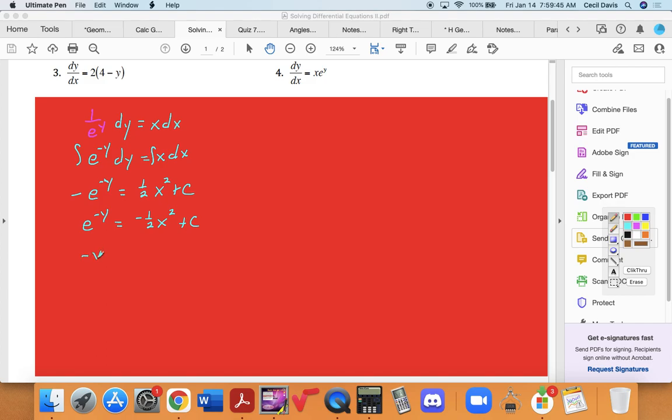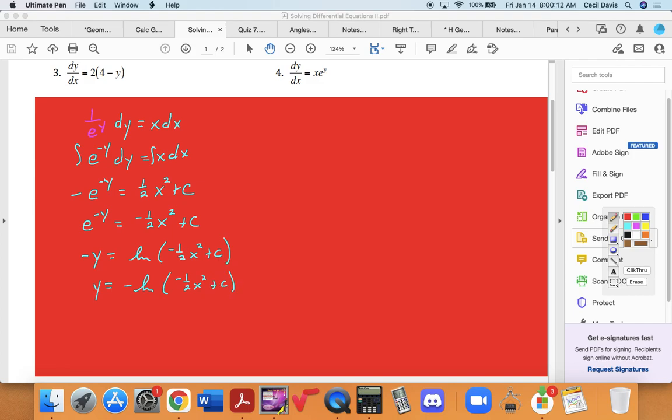And I'll have negative y is equal to the natural log of negative 1/2 x squared plus c. And then multiplying both sides by a negative, we'll have y is equal to negative natural log of negative 1/2 x squared plus c.